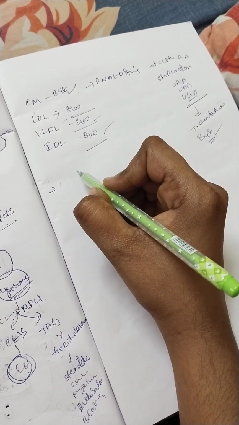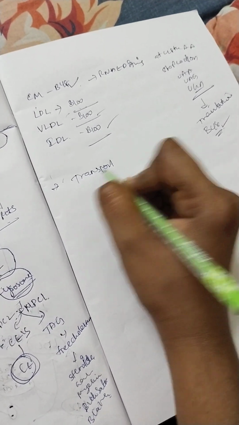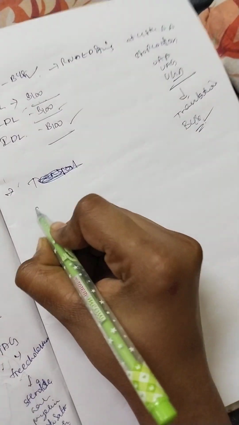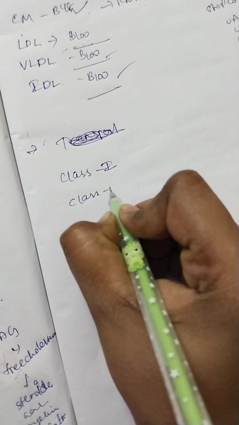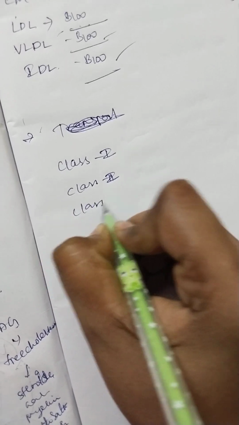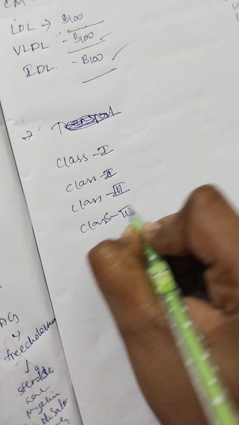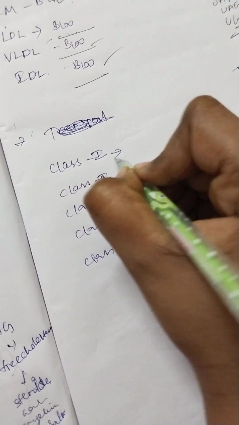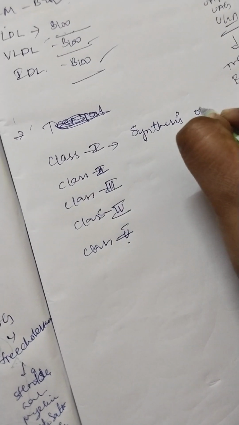Now we have the receptor defect classes. The last one is the synthesis defect, where synthesis of the protein is defective.